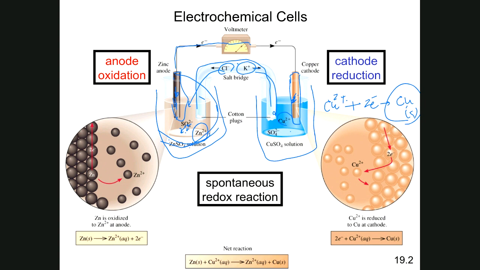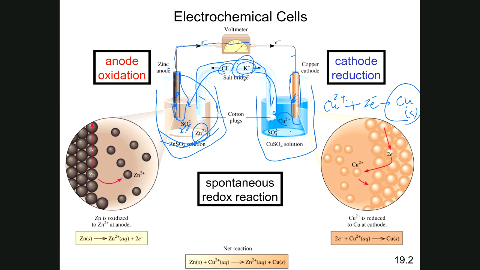So anode oxidation, cathode reduction. Electron is moving from anode to cathode. What's happening in the salt bridge? We have a cation and anion. Anion is moving to the anode to cancel the plus charge that is produced as a result of the oxidation, and the cation is moving to the cathode.